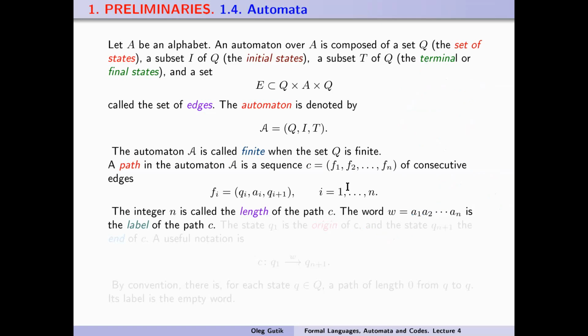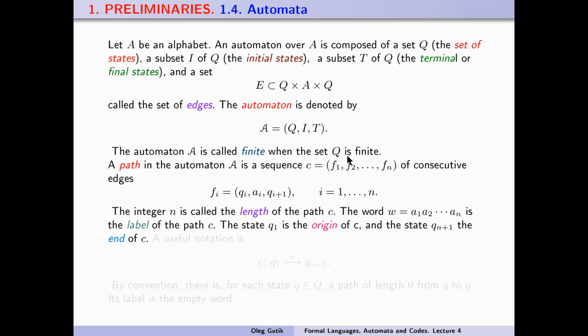Good. So the state q1 is called the origin of c, and state qn+1 is called the end of the path c.